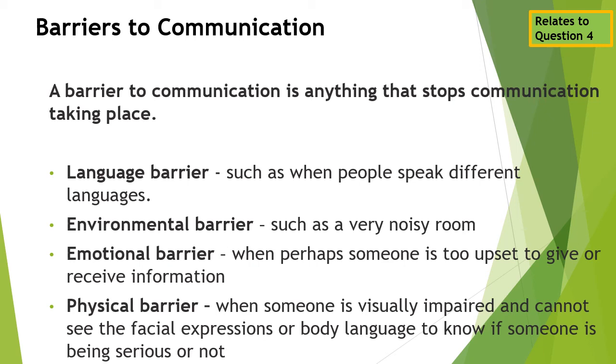An environmental barrier, such as a very noisy room. If there's background noise, it's a barrier to other people communicating. Emotional barrier. This is when perhaps someone is too upset to give or to receive information. A physical barrier, so when someone is visually impaired and cannot see the facial expressions or the body language to know if someone is being serious or not.